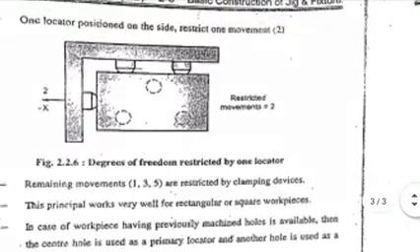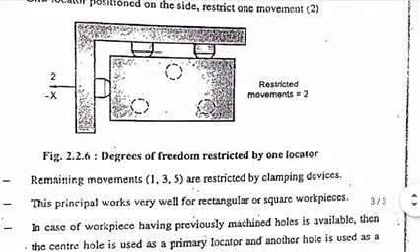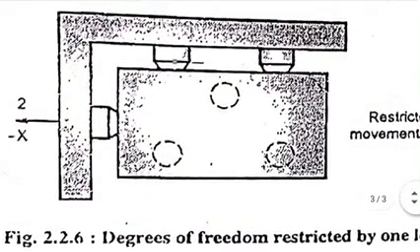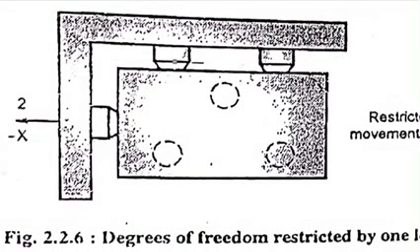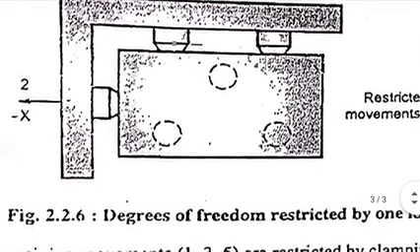Now you can see one locator is positioned on the side, therefore it is restricting one movement. Now how it is taking place, let's understand. First, the x-axis has been shown on the left side. A supporting pin is shown on the left side. On the y-axis there are two pins. Now you can easily understand the component won't move in these two directions.